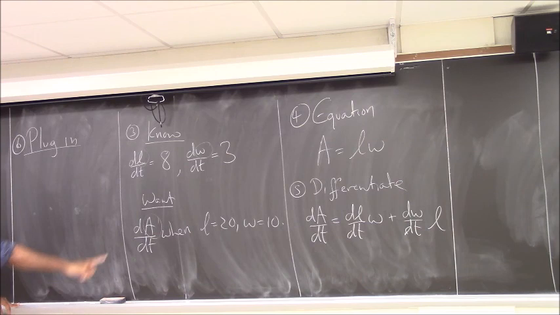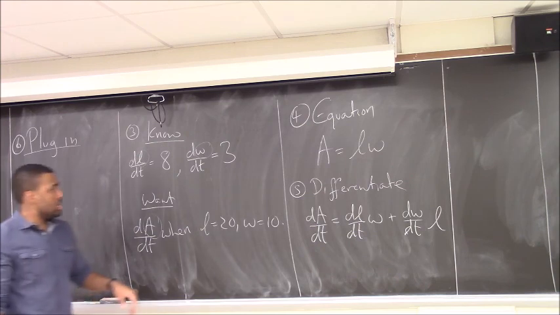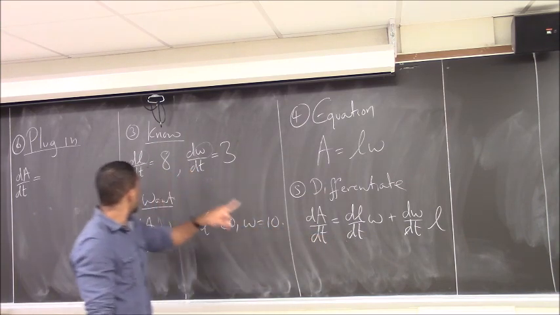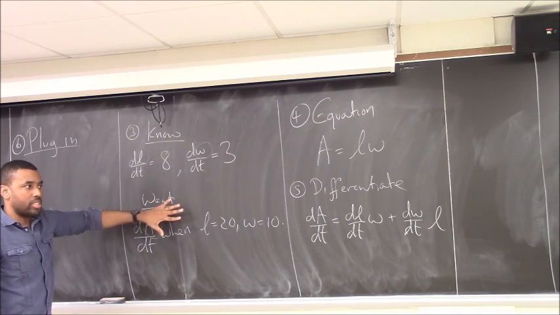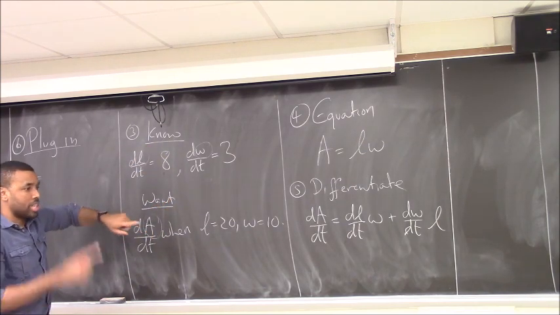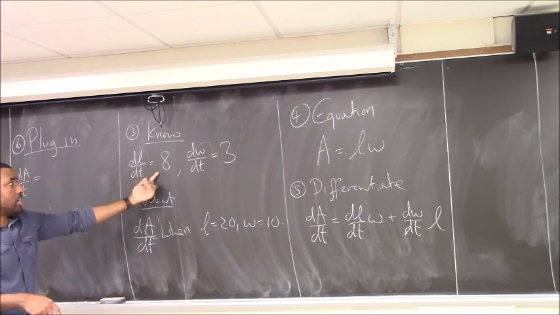So we know we want to find dA/dt, so there's nothing to plug in there. It equals dL/dt, we know that that's 8. Right? So that's another reason why it's nice to just write this down, so you don't have to reread the problem every time. You can just say, okay, dL/dt, I wrote that down, that's 8.